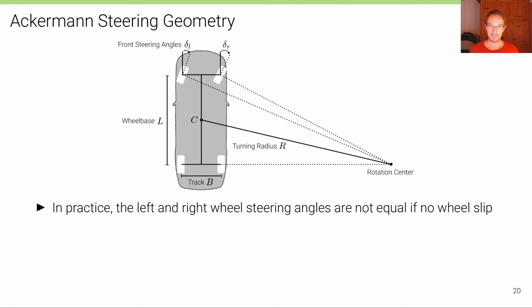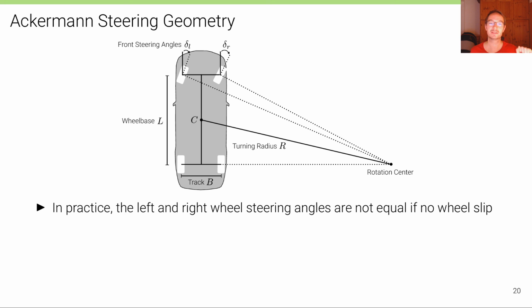So we considered the bicycle model, but there's one thing that we have to talk about a little bit more in detail that concerns this approximation that we have made for the bicycle model, and that's the Ackermann steering geometry. The problem with the bicycle model is that if you use the steering angle for the front wheel for both wheels, then you would necessarily obtain slip.